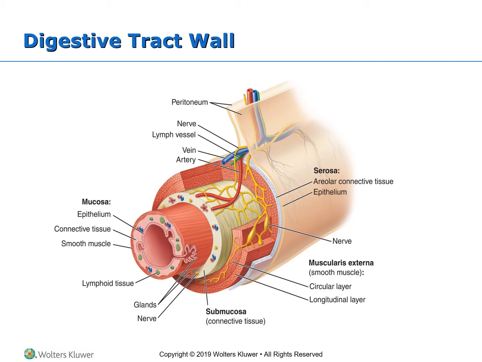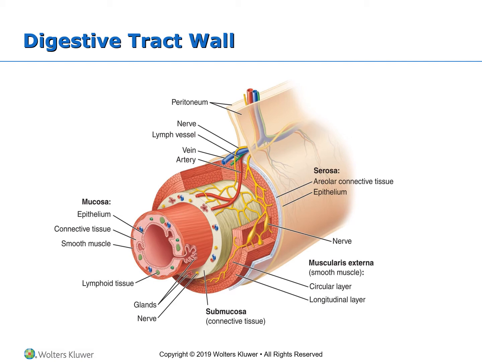Under this mucosa, we'll have a layer of thick connective tissue, and that's called the submucosa. In the submucosa, we'll have the blood vessels and some of the nerves, and those are the nerves that are regulating the digestive activity. Immediately after that, over the submucosa, we'll have a layer of muscle called the muscularis externa, composed of smooth muscles.